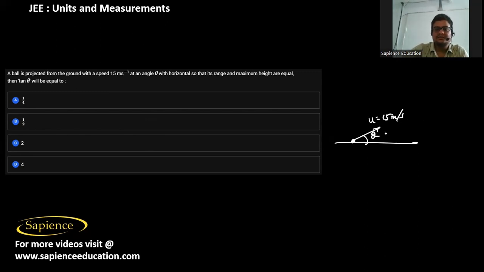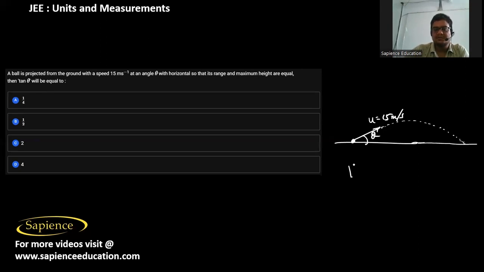Range and maximum height are the same, then tan theta will be equal to how much?